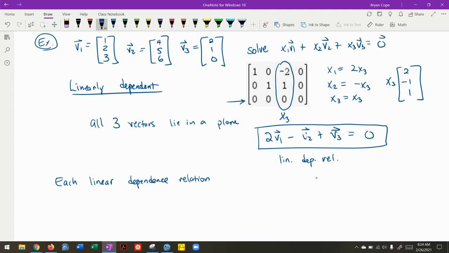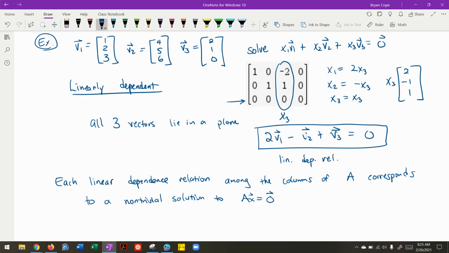Each linear dependence relation among the columns of A corresponds to a non-trivial solution to Ax equals 0. We're searching for weights to put on the vectors to arrive at the 0 vector.